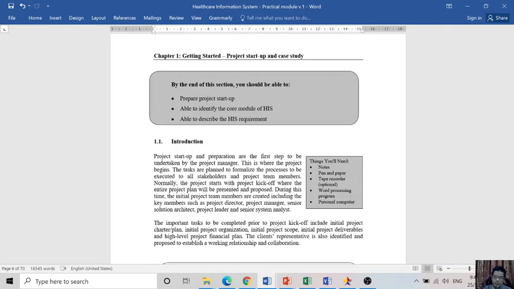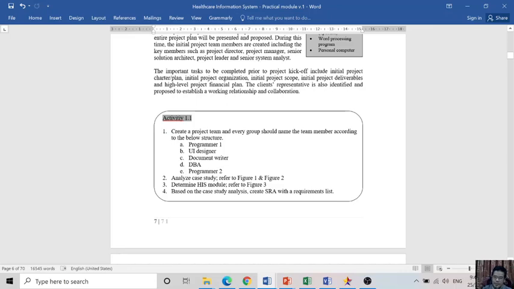First we ask you to prepare the project startup and the organization structure, and I will fix your organization structure with 5 roles. Each team should have two programmers, programmer 1 and programmer 2, and each group should have one UI designer, a user interface designer, a document writer, the documenter, and also the DBA, the database administrator.